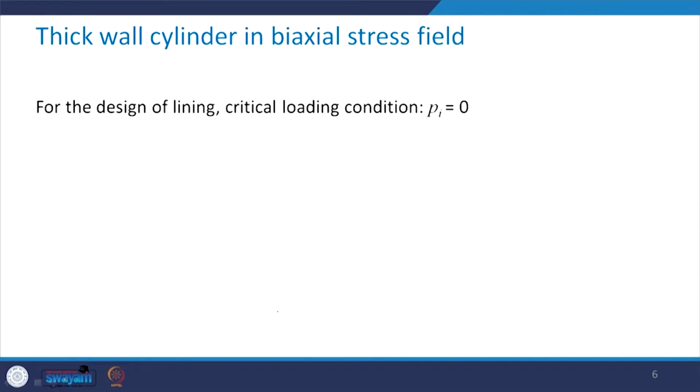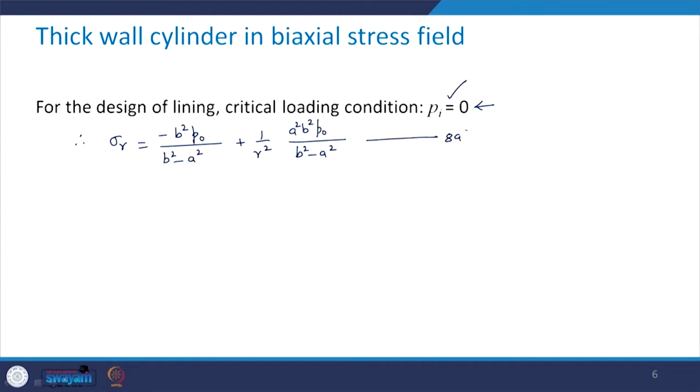Now, for the design of the lining, the critical loading condition will be when your Pi, that is the internal pressure, becomes equal to 0. So, when this becomes equal to 0, what will happen to sigma r? That will become minus b square P naught divided by b square minus a square plus 1 upon r square, a square b square P naught divided by b square minus a square.